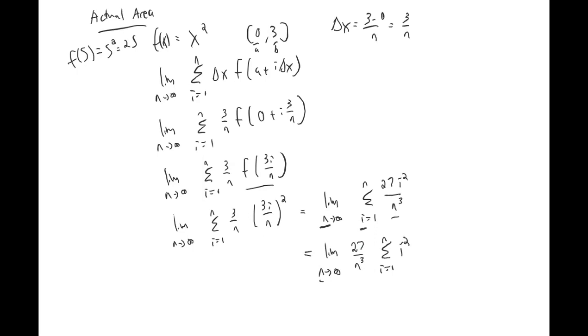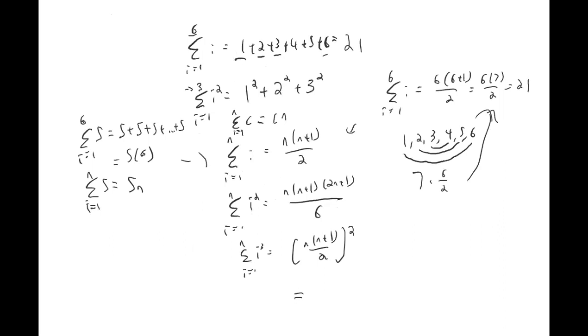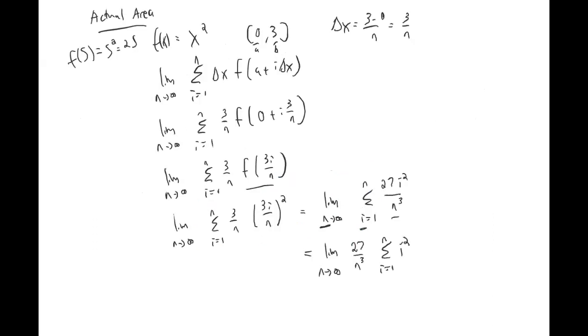Now, I told you all to memorize this like 10 minutes ago, but for now we could just cheat. What is the sum of i squared? It's n times n plus 1 times 2n plus 1 over 6. So 27 over n cubed times n times n plus 1 times 2n plus 1 over 6.